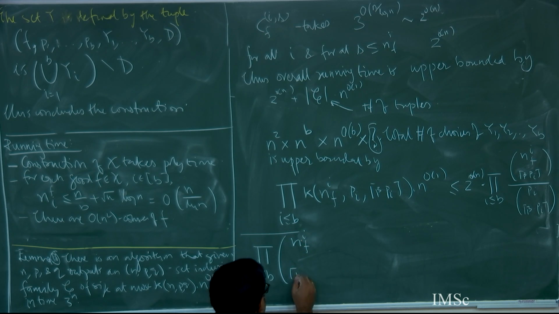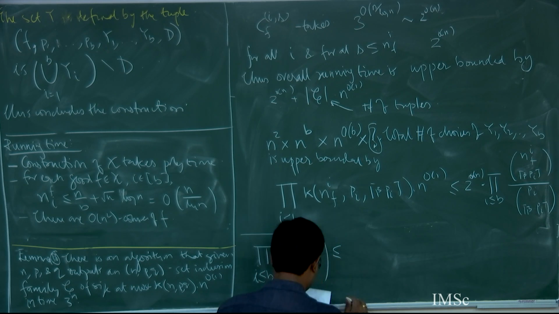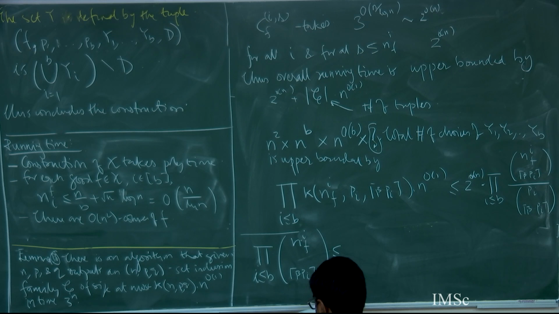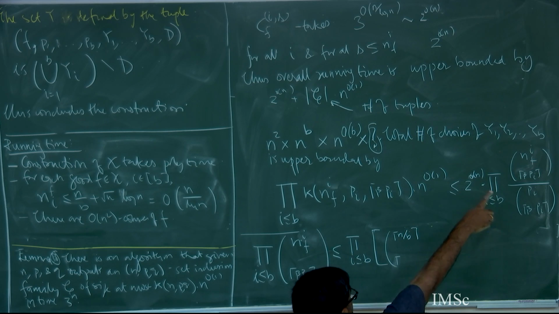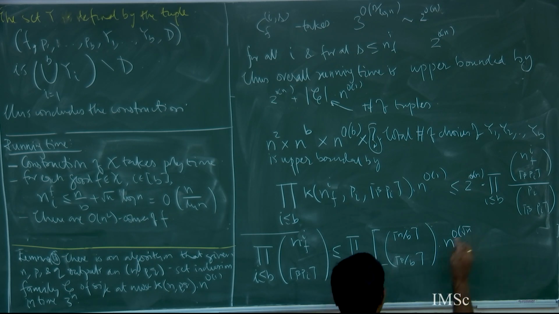N_i choose beta pi is less than or equal to the product over i less than or equal to b of n choose b, p by b, times n to the power big O of root n log n.